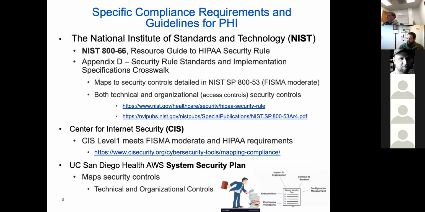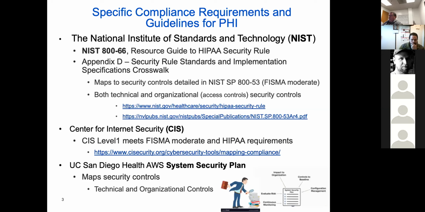One of the things that we started with was identifying the framework that we were going to have to comply with to meet HIPAA standards. If you're familiar with HIPAA, HIPAA really doesn't specify technical standards, but it says you need to protect it. So what we decided to do was approach it from the compliance framework standard of NIST 853, which meets FISMA moderate standards.